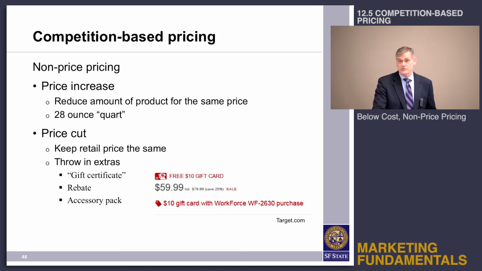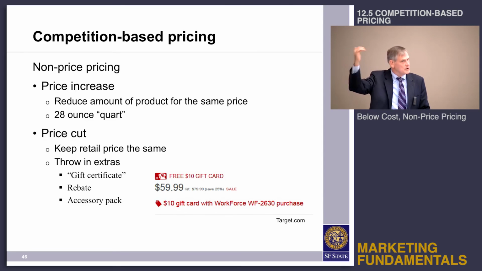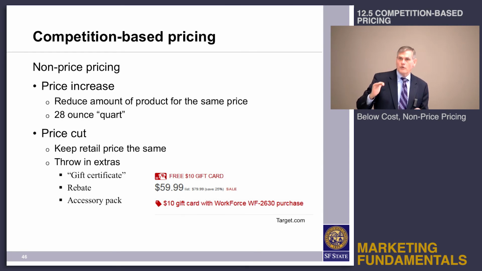You're going to pay pretty much the same price everywhere you go. However, one store might offer a $50 gift certificate with a purchase. Another store might offer a $75 accessory kit with the purchase. The price is still the same, but I've added to the value proposition to, in effect, increase the benefit to the customer, which is a way of lowering the price without actually cutting the list price.